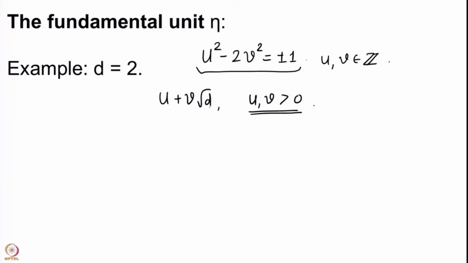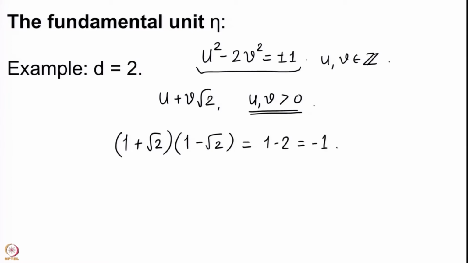So, we will look at, remember our d is equal to 2. We will look at 1 plus root 2. Is this a unit? We multiply by its conjugate and we get 1 minus 2, which is minus 1.